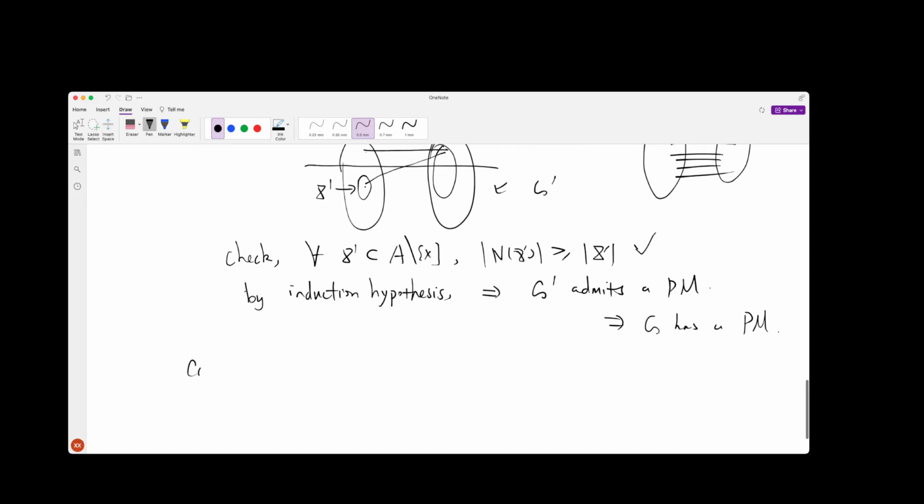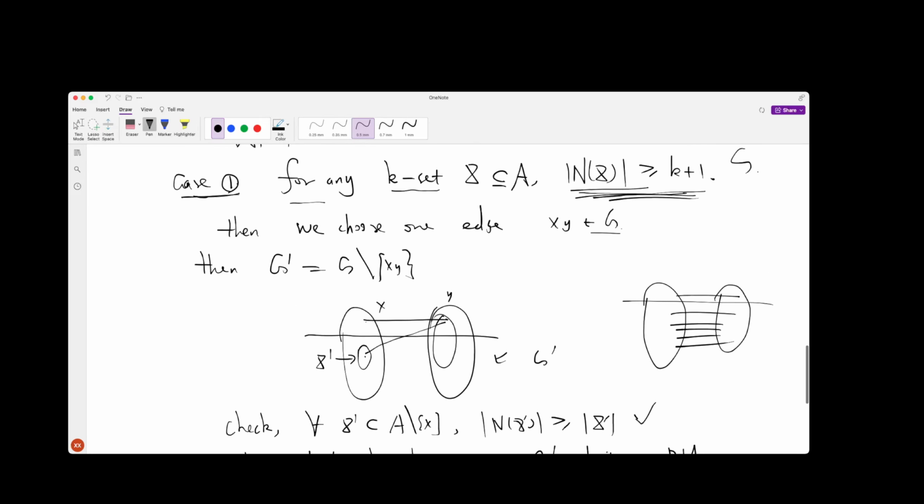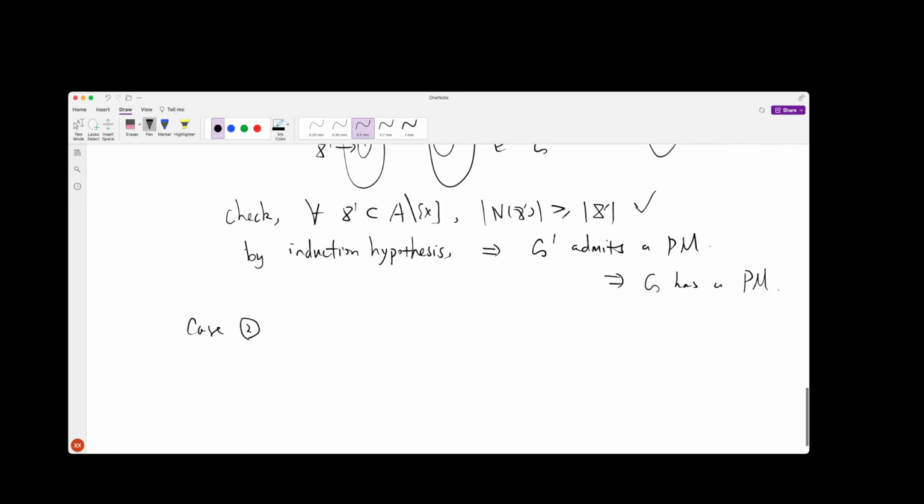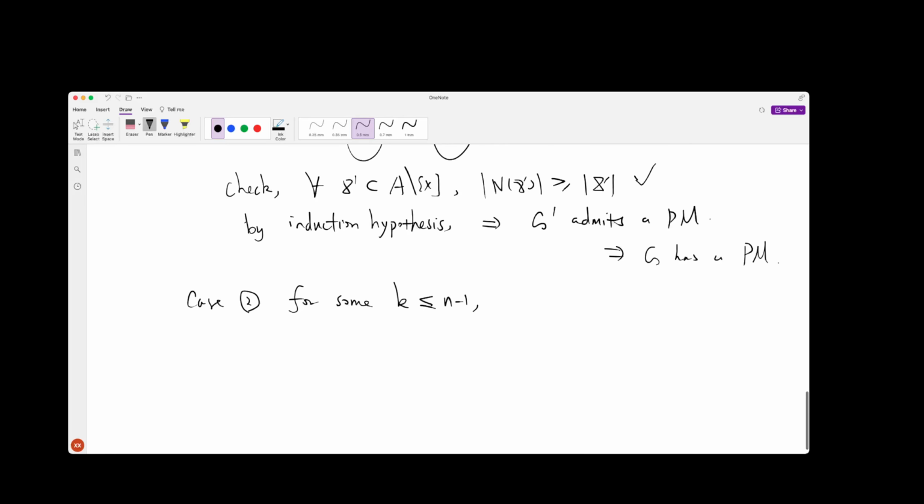So in case 1 we said for any k set you have this. In case 2 you can assume that for some k smaller or equal than n minus 1, there exists X which is a subset of A. X has size k, and the neighborhood of X has exactly the same size.